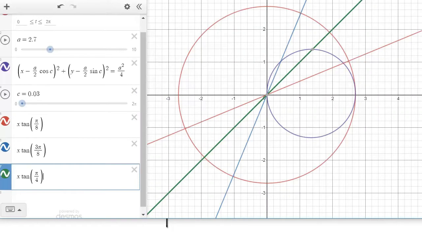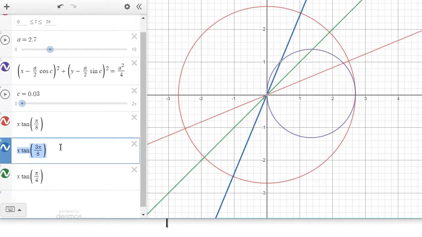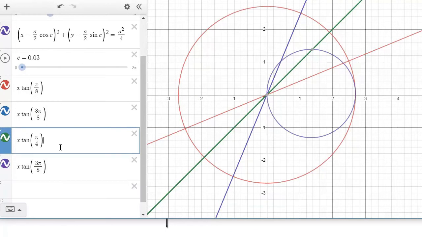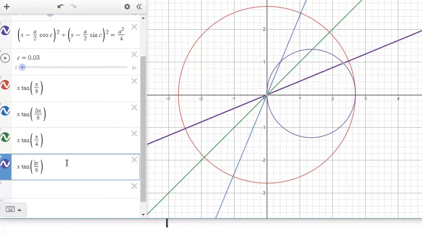So going back to here, let me just copy and paste this. Copy, paste, and then that would be 5 there.